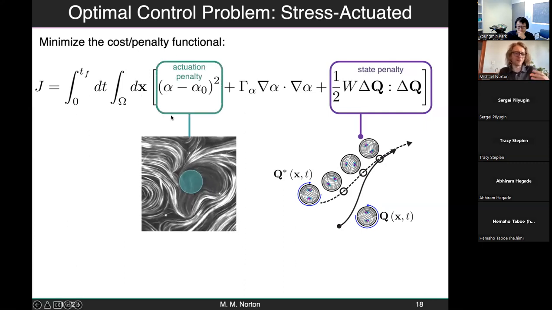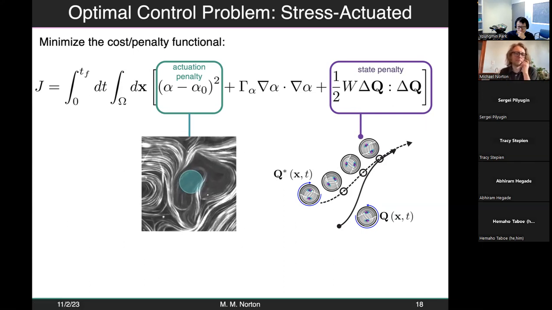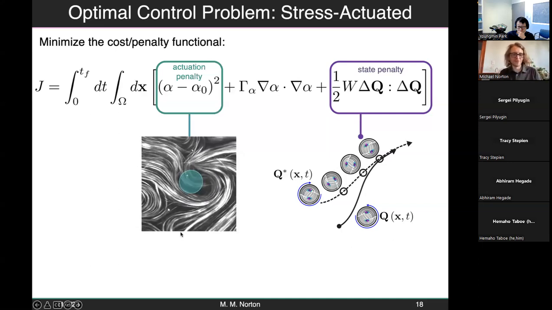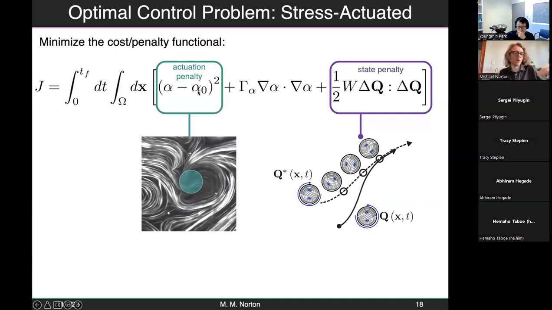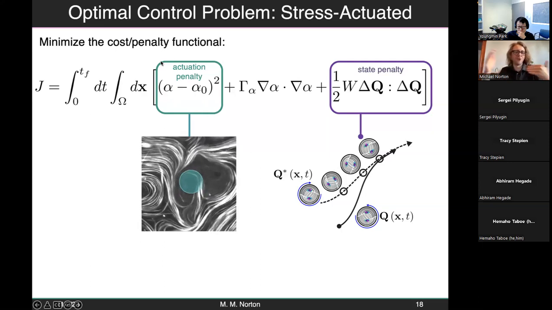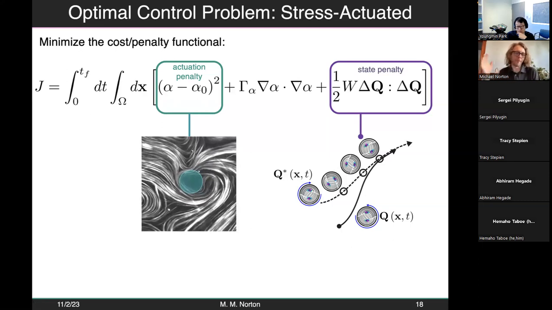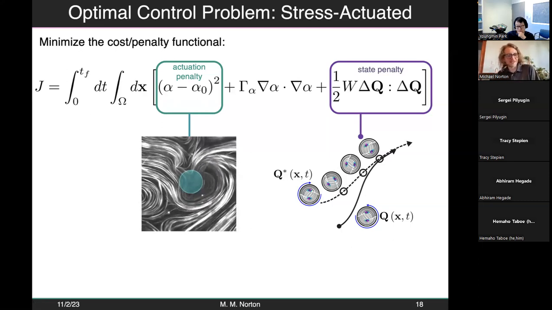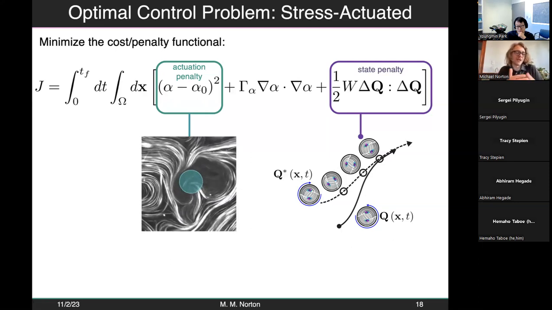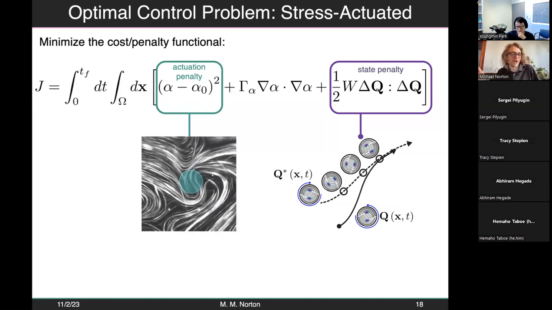I have an actuation penalty. So this is a penalty on the amount of light that I'm applying. There are a few different philosophies around why you would want to penalize this. In our case, it's not like we have jet fuel that we're trying to minimize the consumption of or anything like that. But the system does have constraints. There's only so much light that we can apply to the system.